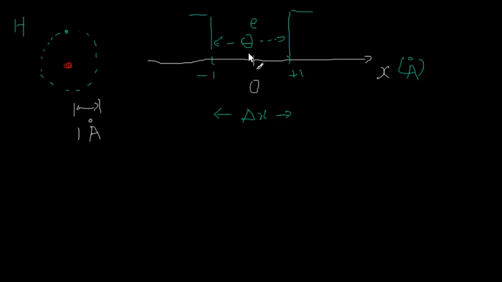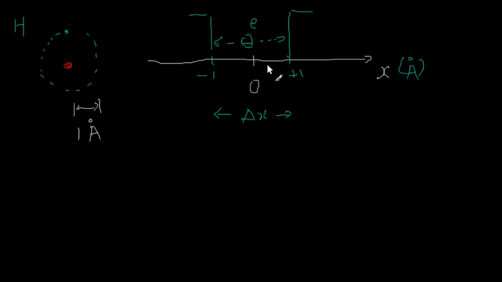So we have this information: the electron is somehow forced to stay within a range of position of about 2 angstrom wide. It can't go out, but it can move around freely in here.